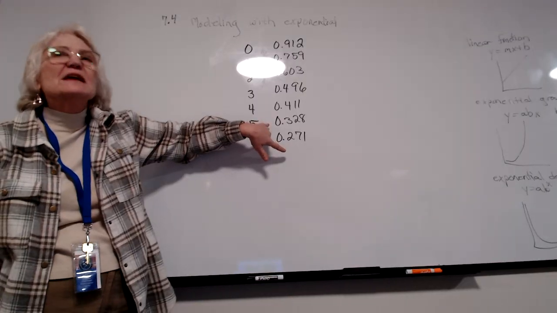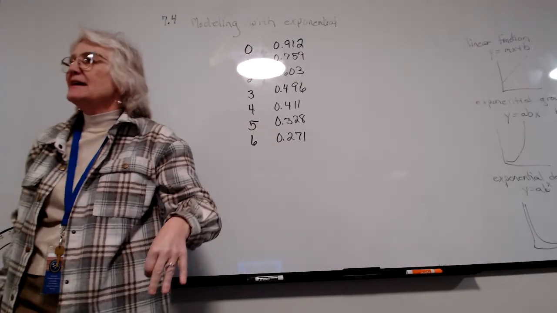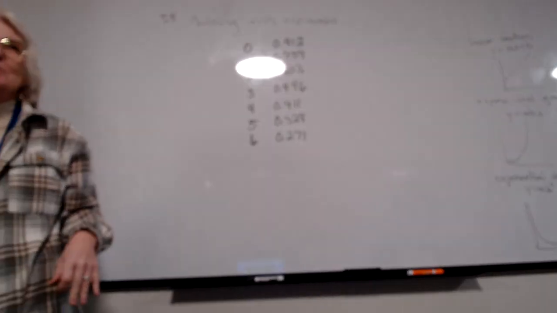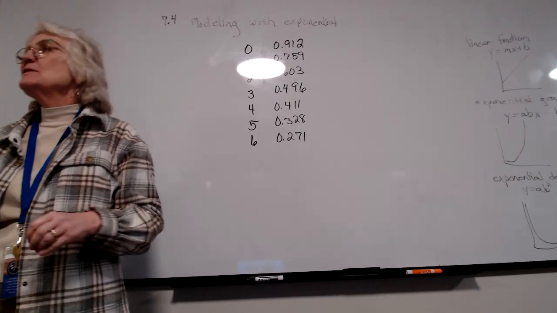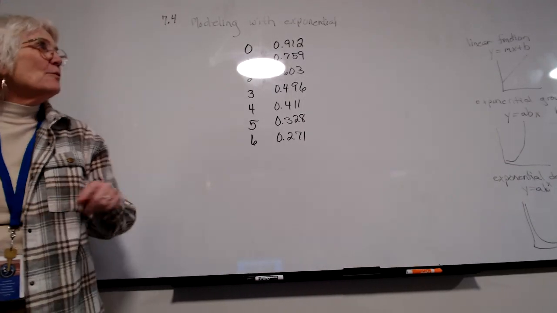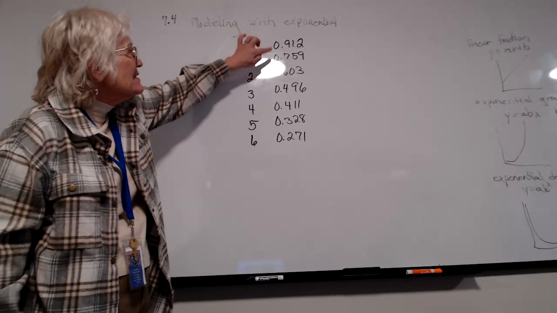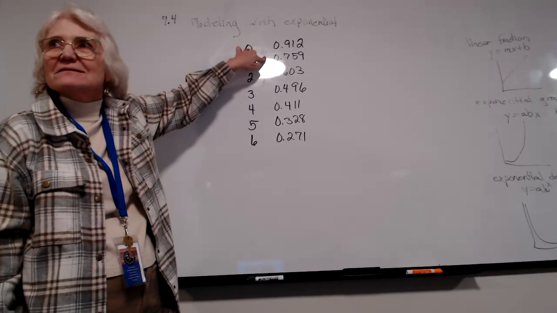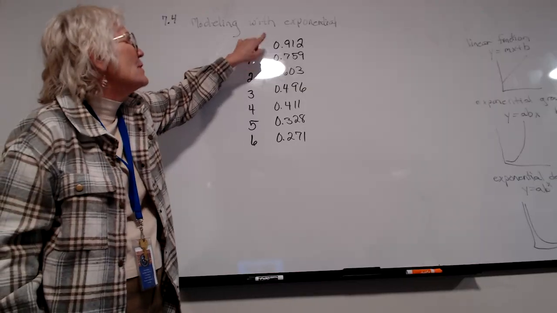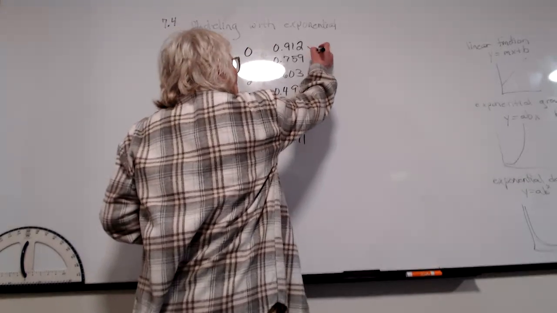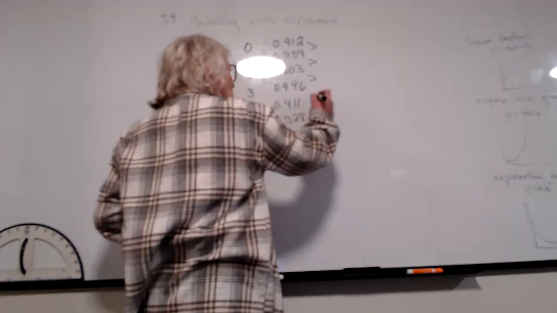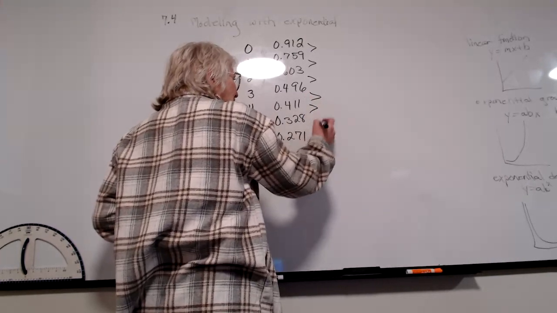One of the ways that we did it back in the day, before we had computer programs, was we took what is the change? What did I multiply by to get from here to here? Remember, we're looking for that common multiple that we use all the way down.